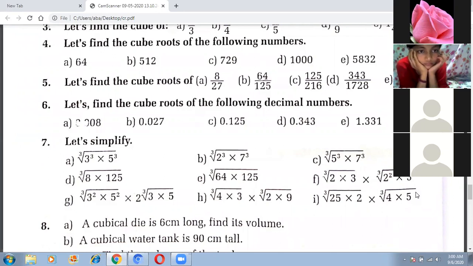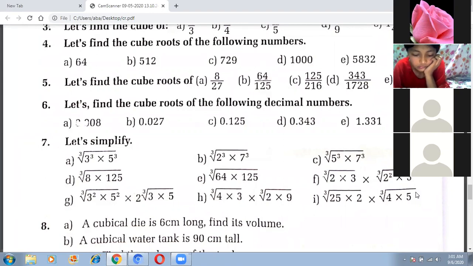Yes or no? In place of 8 we can write 2 cube, and in place of 125 we can write 5 cube. 5 into 5 into 5 is 125. 2 into 2 into 2 is 8. After writing this, you can just cancel the cube and cube root. And what is left? 2 into 5. 2 into 5 equals 10. Yes or no?